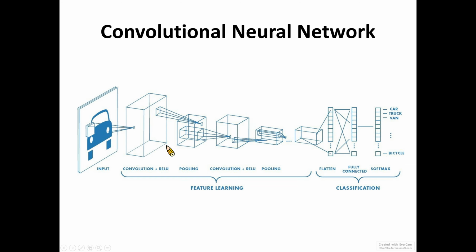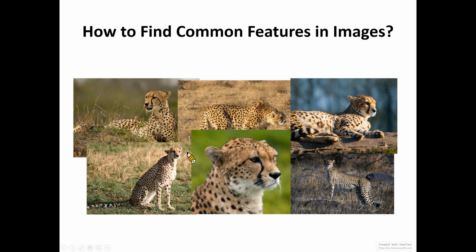So we already talked about the convolution and ReLU. With the combination of the convolution and ReLU, we can reduce the dimension into a smaller amount of data. Then we need the pooling layer to integrate this information. And what does that mean? For example, if you have a collection of leopard images, we need to ask ourselves what is the common feature in these leopard images?